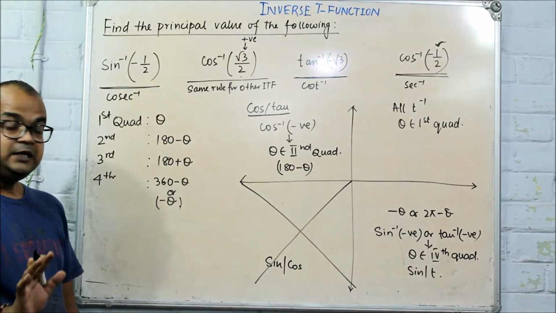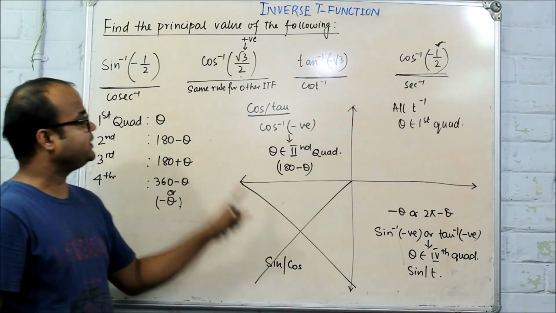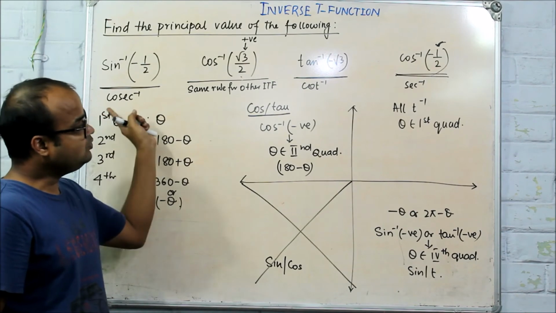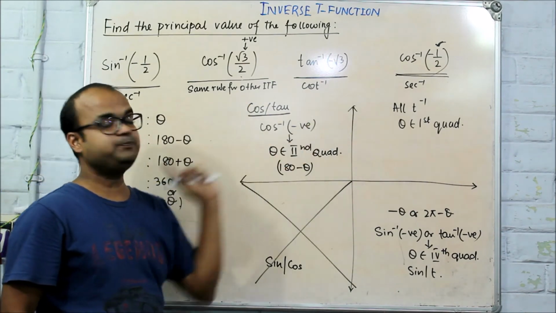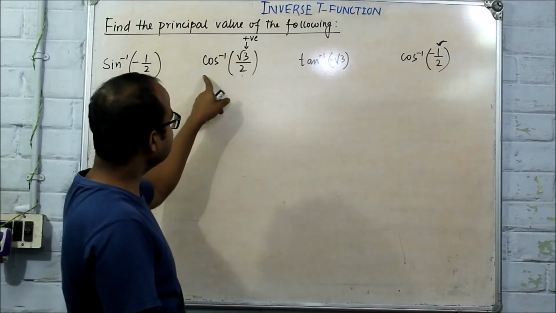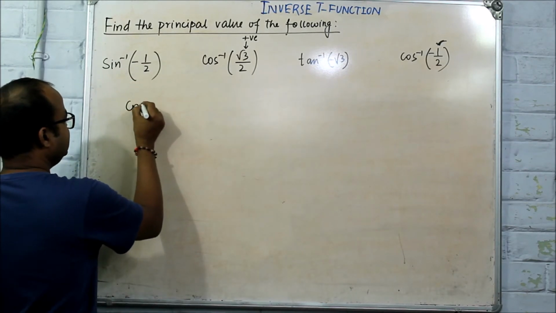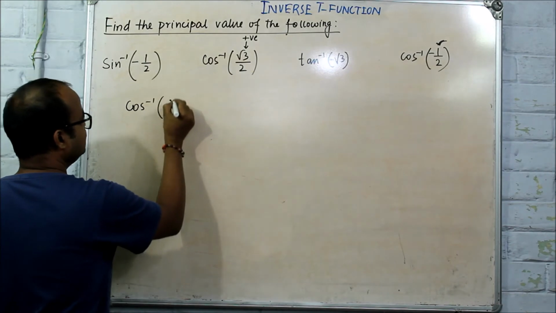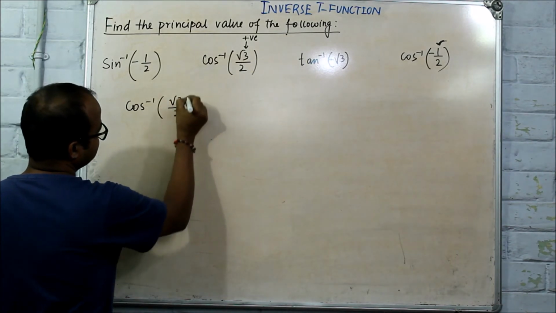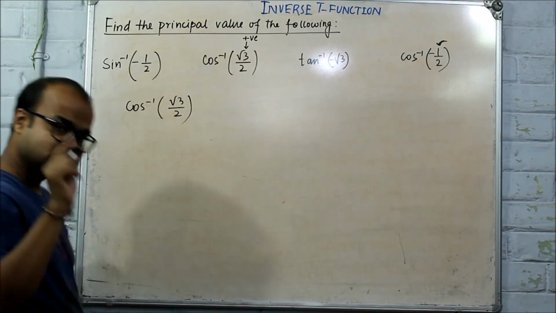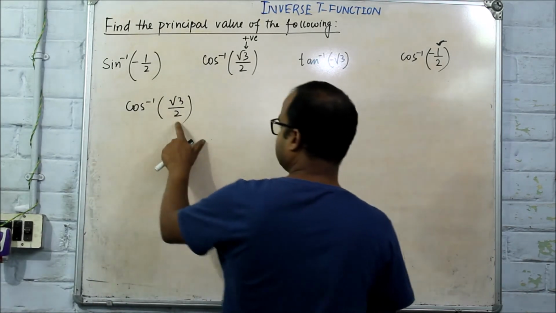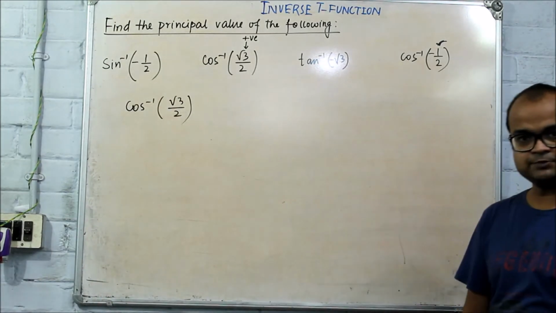Clear? If you understand this topic, then now we are going to discuss the problem. So first let us discuss this question. Cos inverse of root 3 by 2. Just remember the rule. This number is positive.